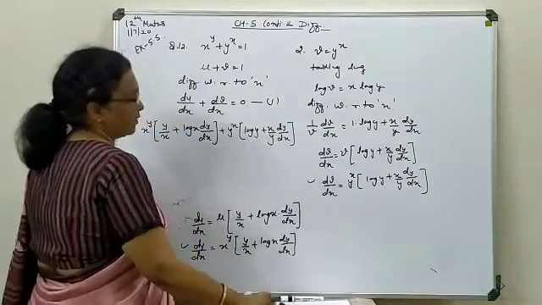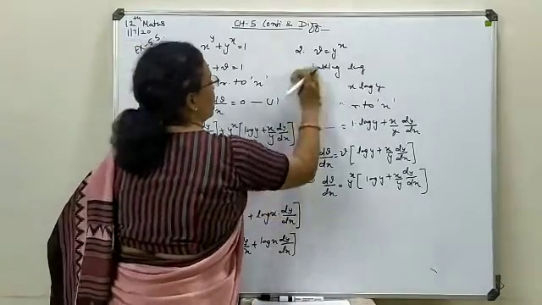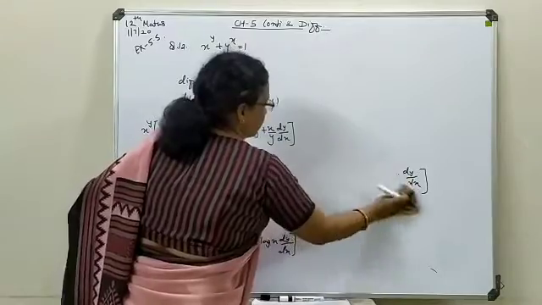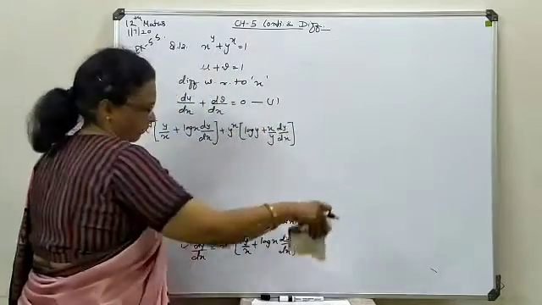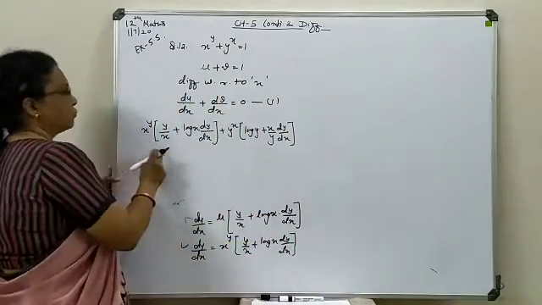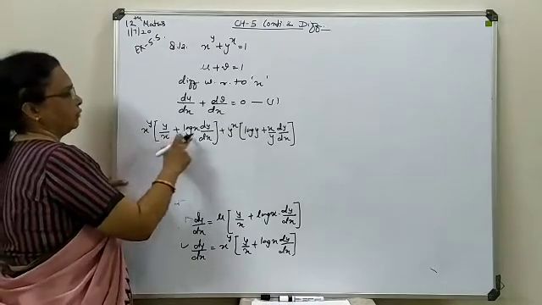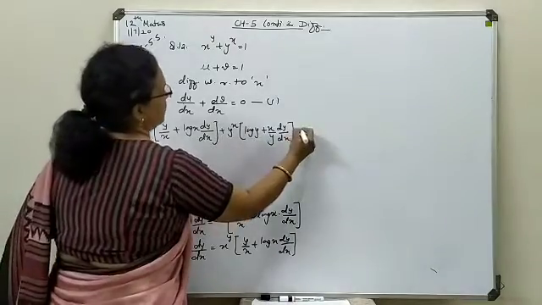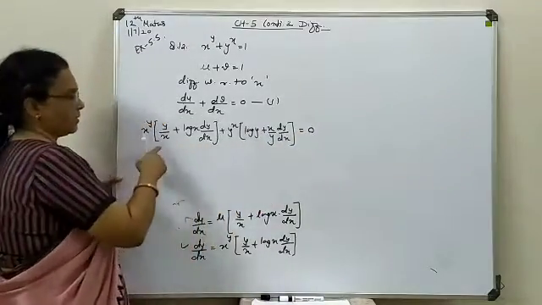Now to get the final answer form, dy by dx is to be separated out. So, before that, x power y we have to multiply on both terms, y power x we have to multiply on both terms, and make dy by dx separate.